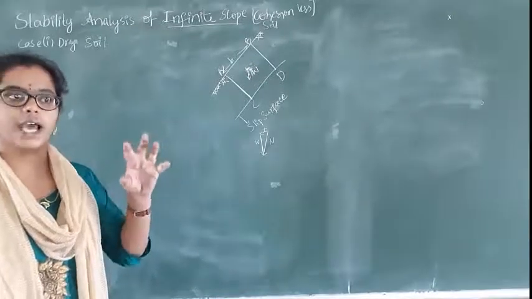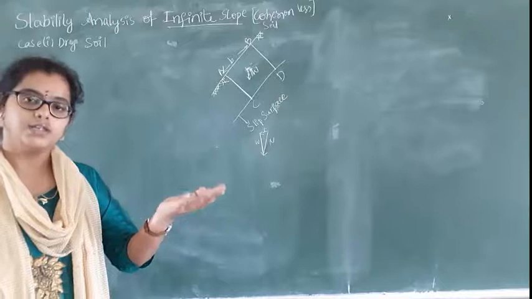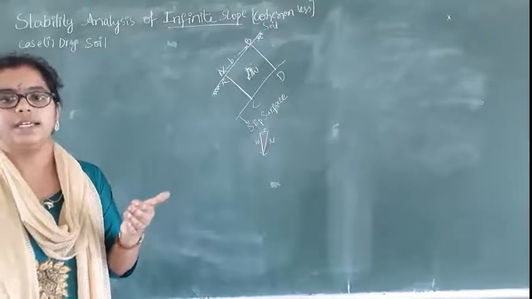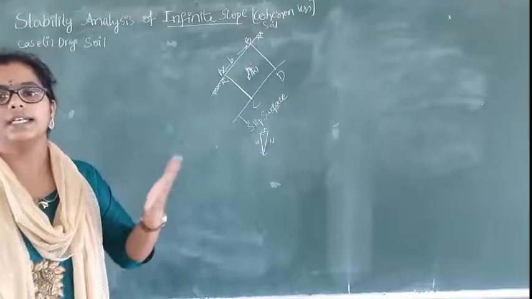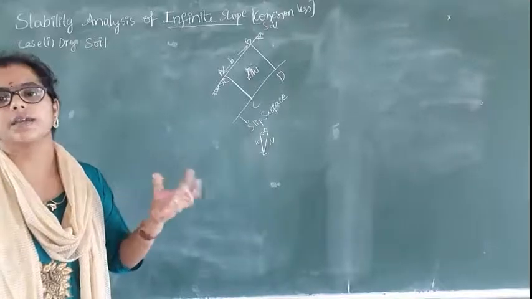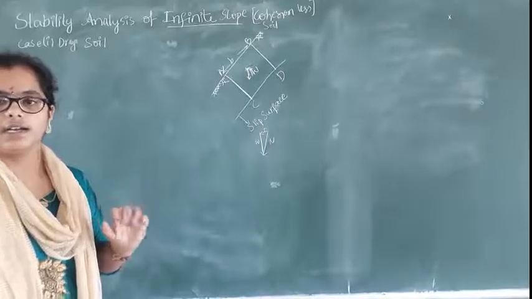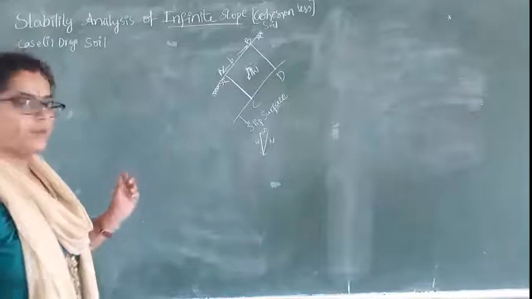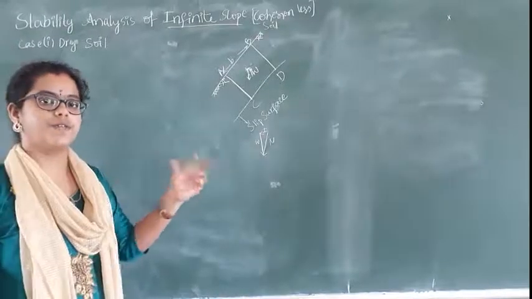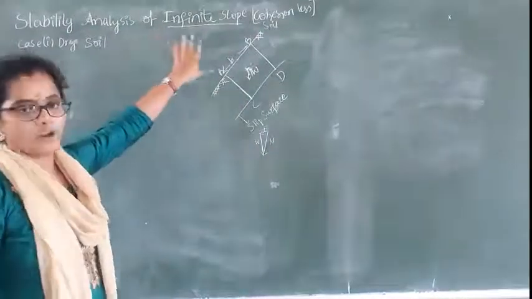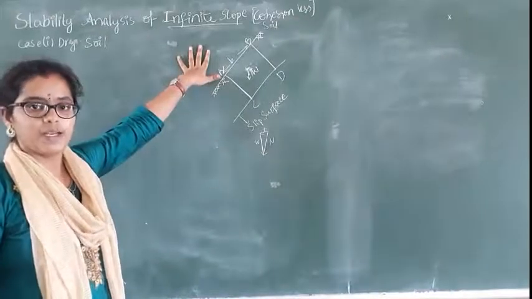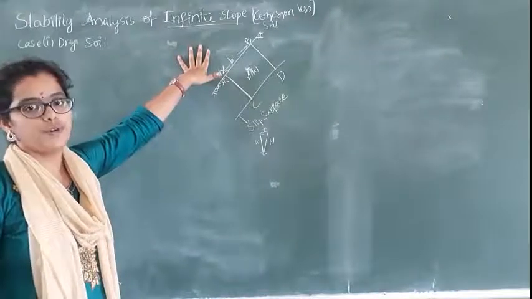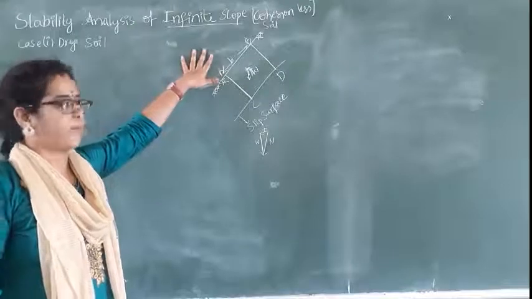We calculate the factor of safety of a slope, and from that we understand whether the slope is stable or unstable. So now we are going to calculate the factor of safety for an infinite slope, so that we can come to a conclusion on the stability of the slope.